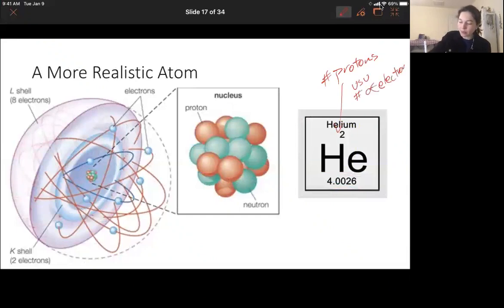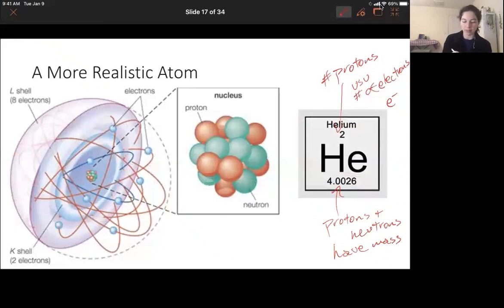You might see me abbreviate electrons sometimes in this class as E minus, because they have a negative charge. Right. And then this here is our number of protons plus neutrons, because these have mass, whereas our electrons do not, and do not contribute to the mass of the atom.